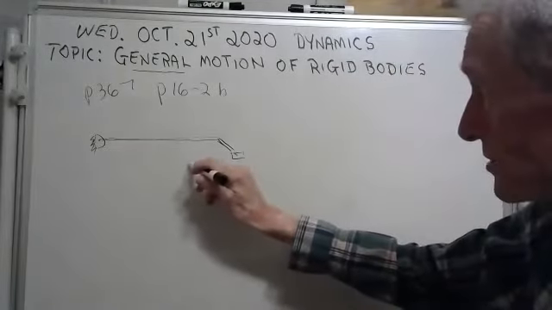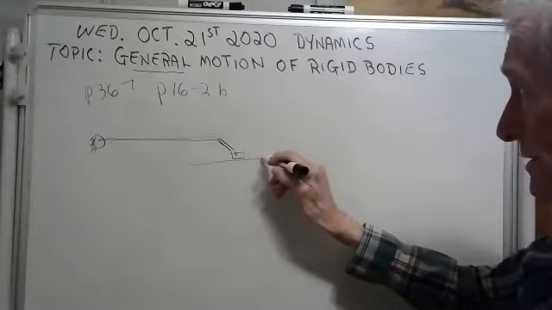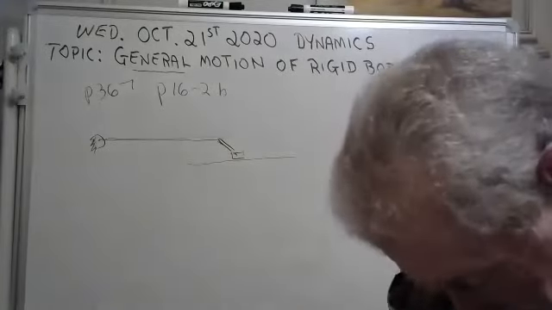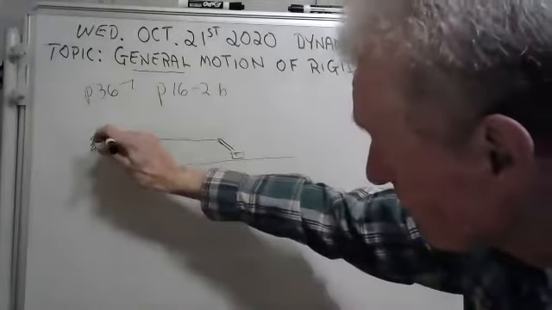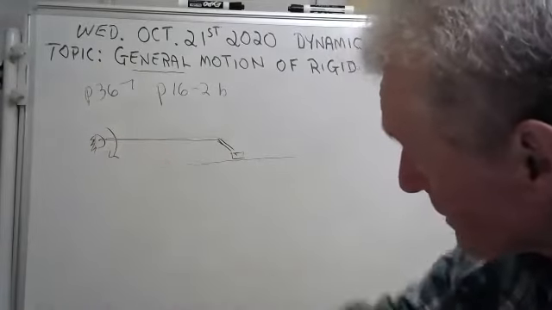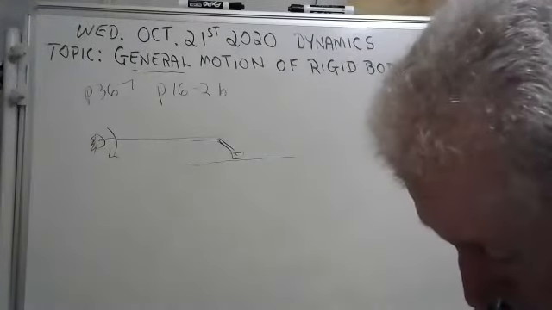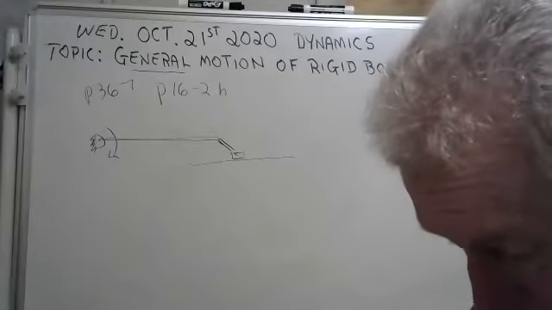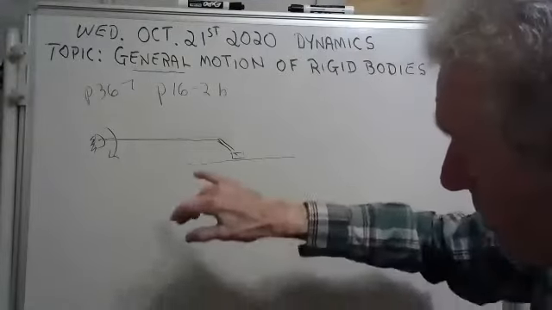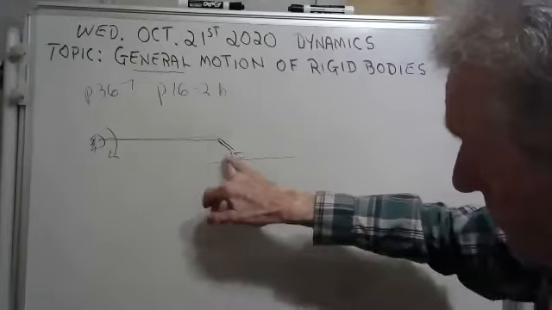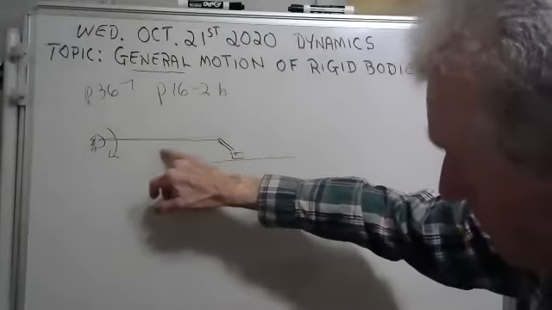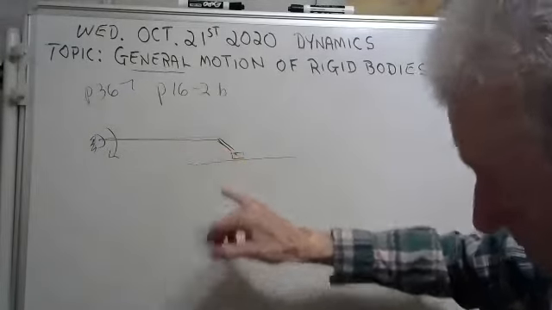And the piston has to move on this flat surface. And they say that this long rod here is rotating. Okay, now there's 3 bodies here. There's the piston, there's this rotating rod, and then there's this connecting rod.